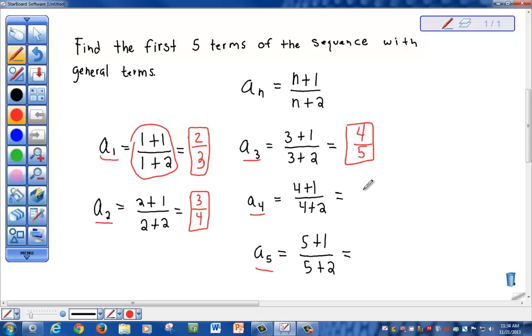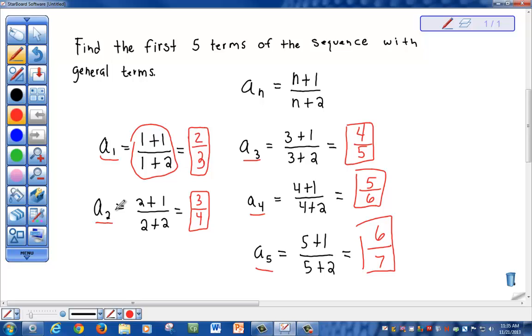Same thing for a sub 4, which is 5/6, and a sub 5, which is 6/7.